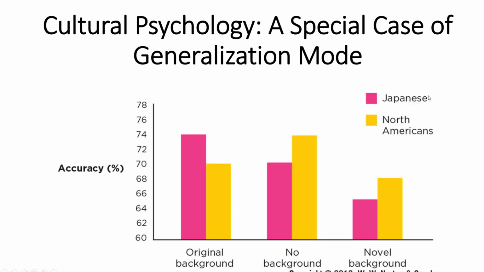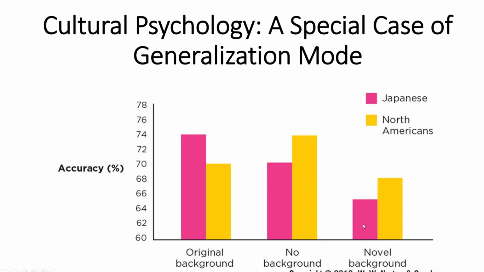And so we can compare people from Japan and people from North America, and with the original background, people from Japan have a very high accuracy at recognizing the thing they've already seen. So they encode the information of the fish along with the background. When that original background is removed, people from Japan struggle to recognize the fish on its own. The idea here being that they encoded the fish in context, whereas North Americans just cared about the fish on its own.